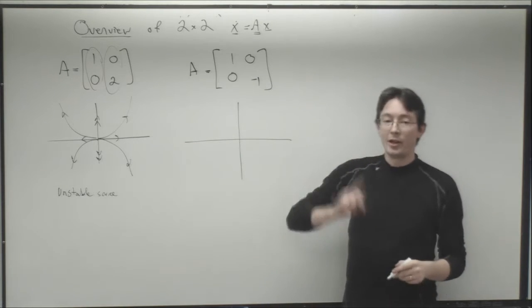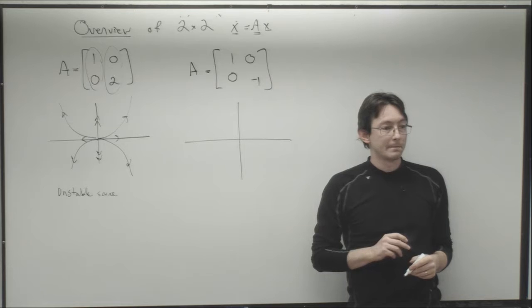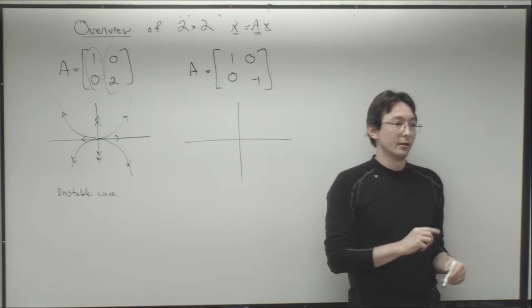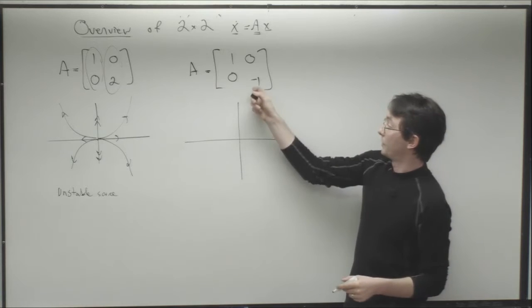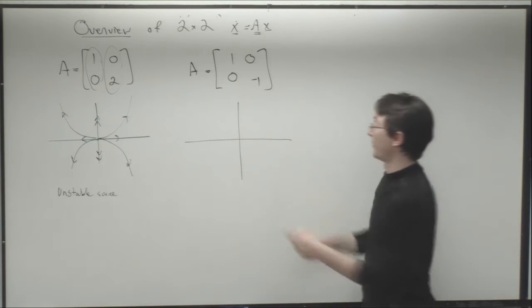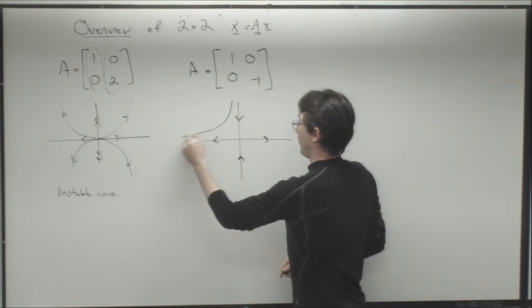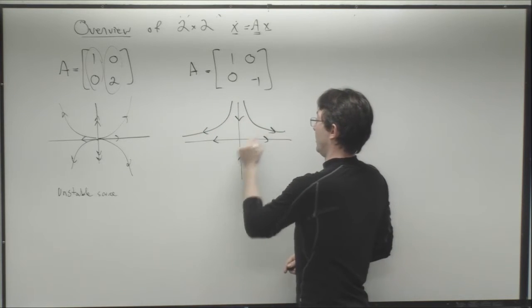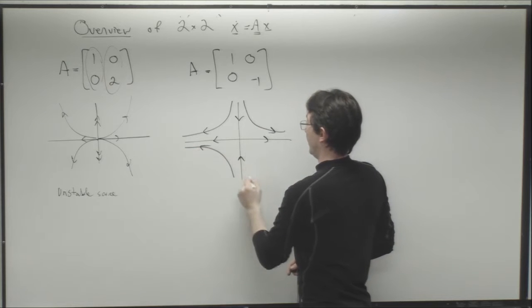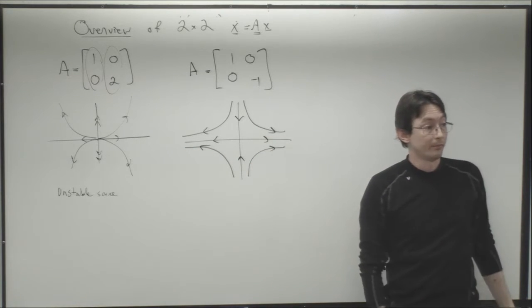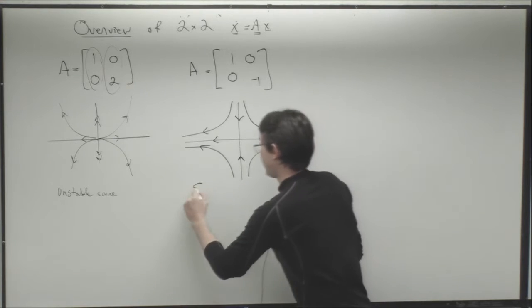What's the unstable eigenvector? The x-axis. What's the stable eigenvector? The y-axis, right? The one corresponding to this eigenvalue. So the y-axis is stable, the x-axis is unstable, and pretty much all of my solutions still move away to infinity, but they move away to infinity along the x-axis, on this manifold. This is called a saddle.